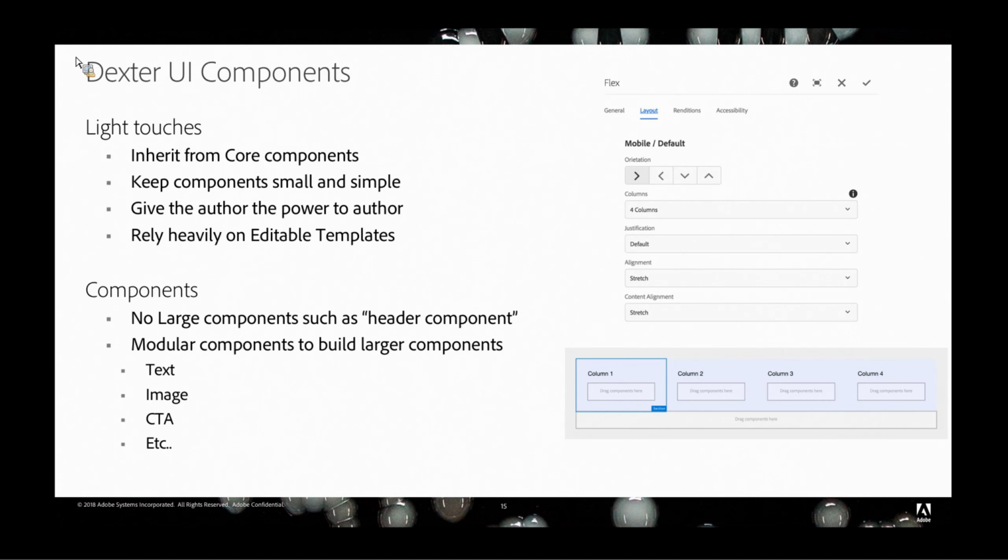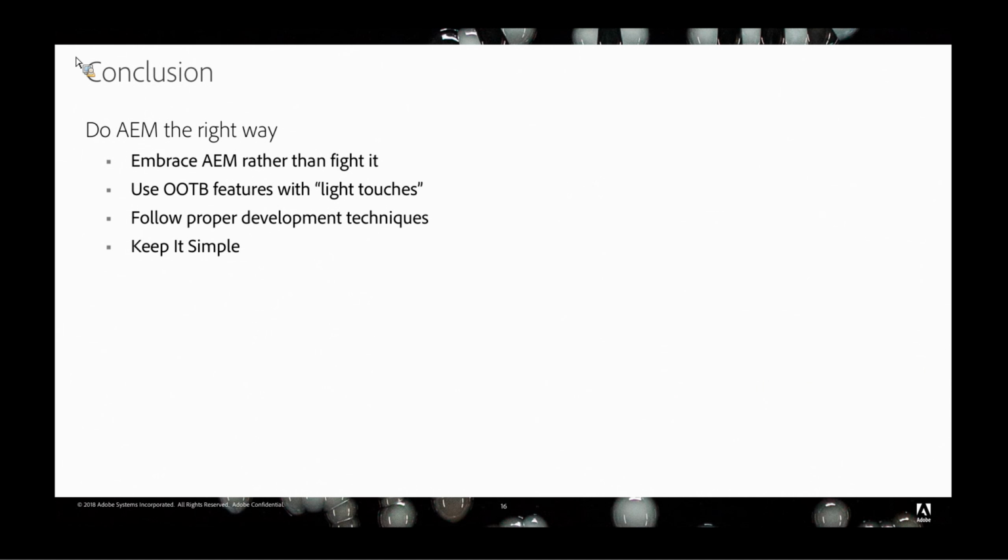We created a component utilizing the Flex container, which gives the author just so much flexibility to really design things. So if you want to create a header component, you create it out of the simple text and CTA and image. And then we're using editable templates to really give the author the power, the flexibility, and then the reusability. So in our code base, I think we have maybe one or two very basic templates. For us, it's all about editable templates.